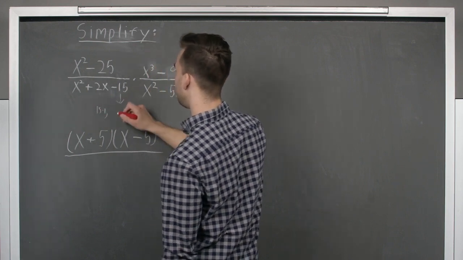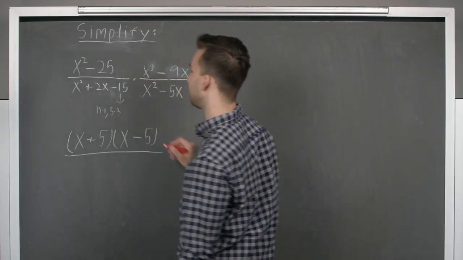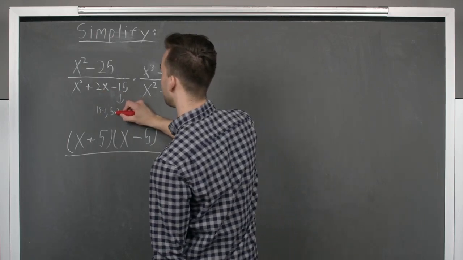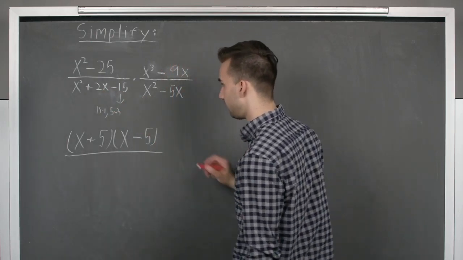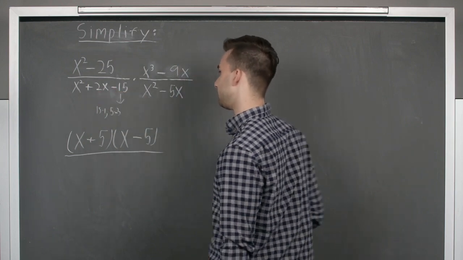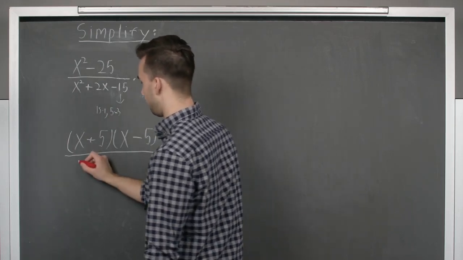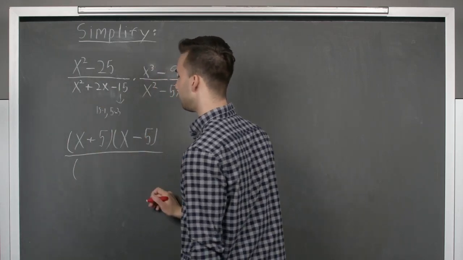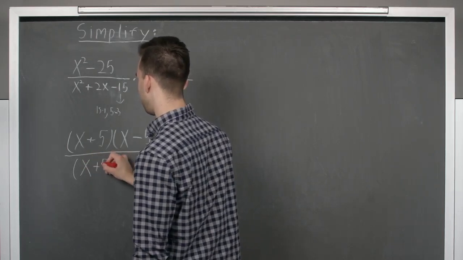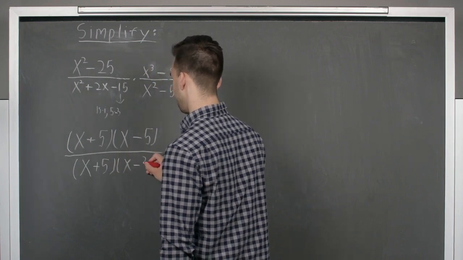We have 5 times 3. And that looks like it will leave us with 2, actually, if we have a negative 3 and a positive 5. Negative 3, positive 5 will multiply to negative 15 and add up to positive 2. So those are our factors for the bottom. We can write it as x plus 5 and x minus 3.